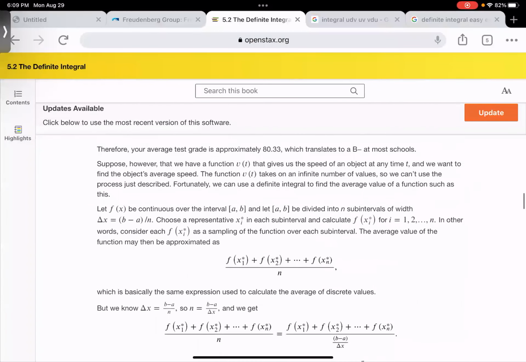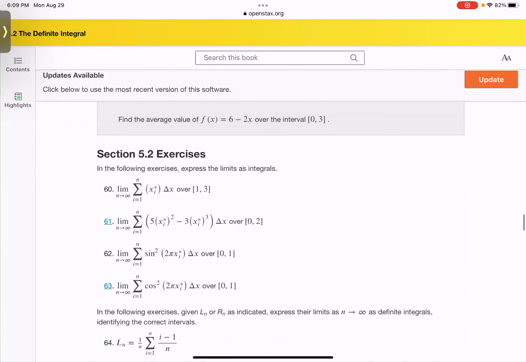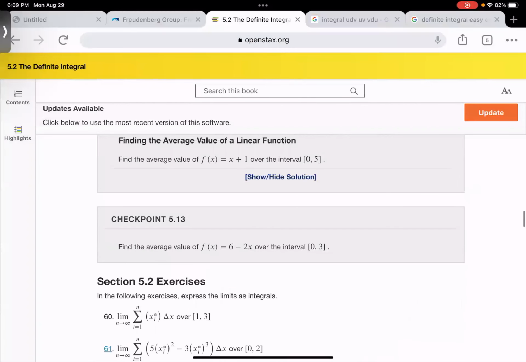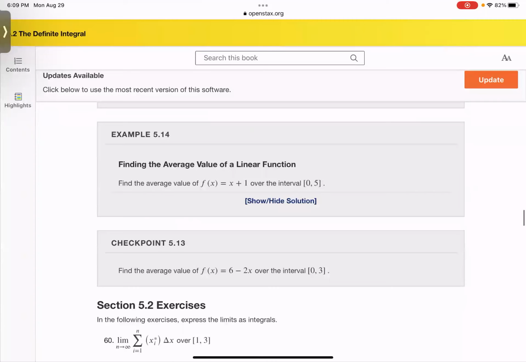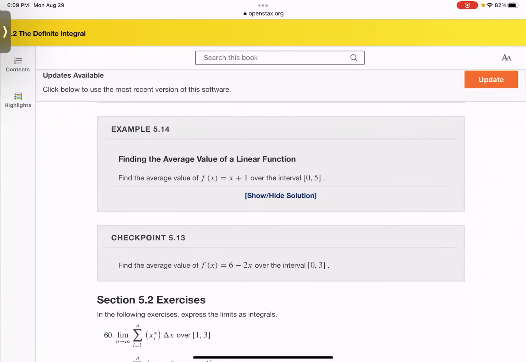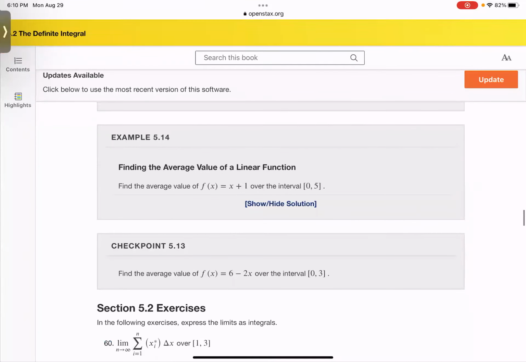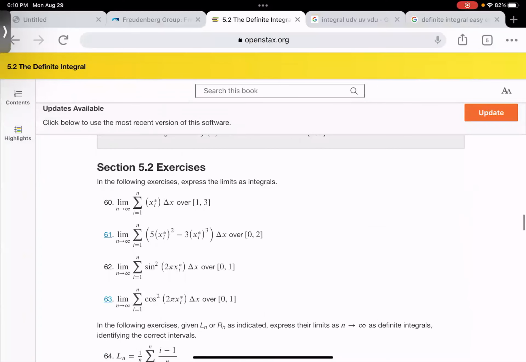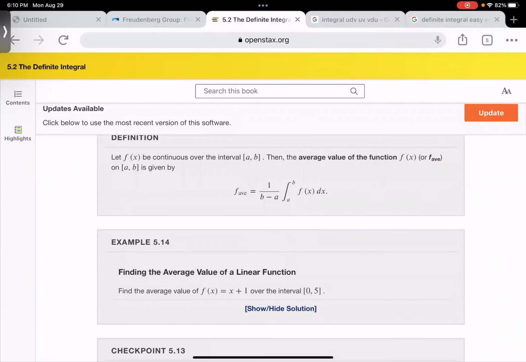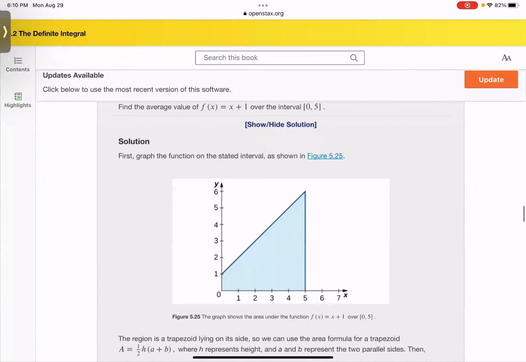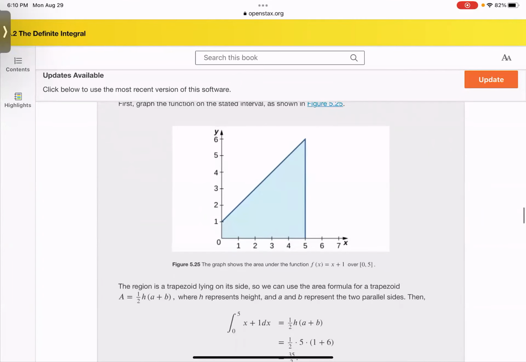The book shows the proof, but honestly, I'm not going to go over that. Nobody has time for that. But anyways, I recommend these example problems. If you don't feel very confident in them, I'd rely on these because they show the solution. And I think it's very helpful.